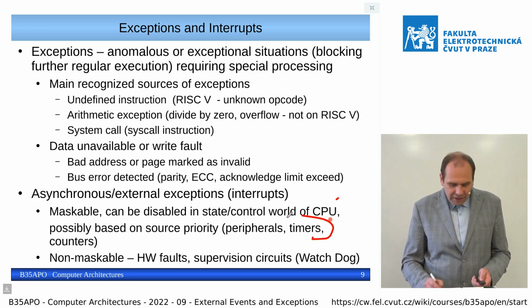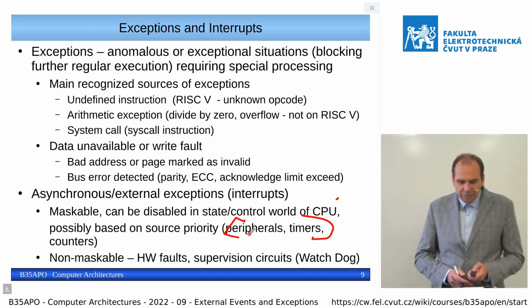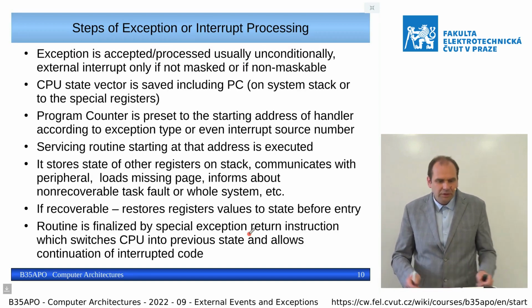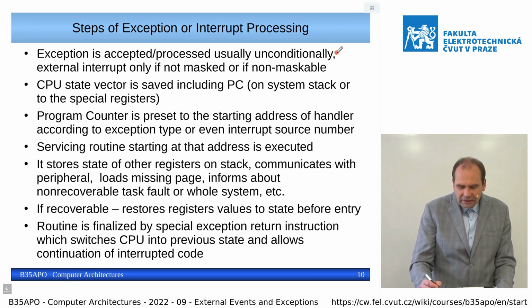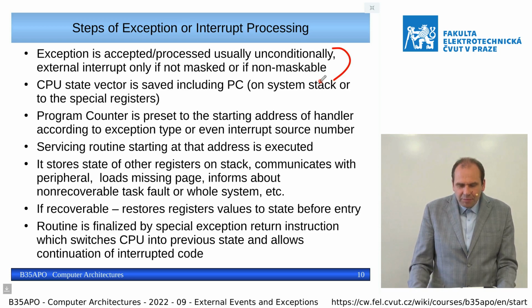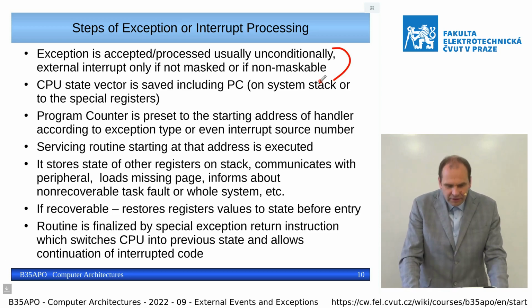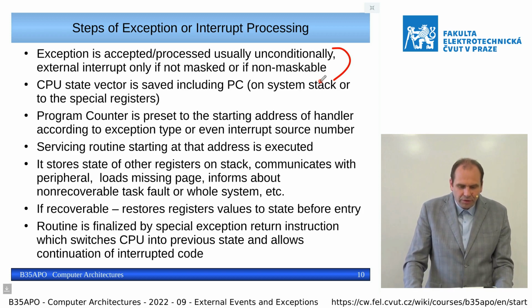But usually we have those maskable interrupts for the peripherals, timers, and so on. And the steps for the interrupt processing are that first there is some list of priorities. So if it is a synchronous event, then the synchronous events for a given instruction are usually processed with priority.